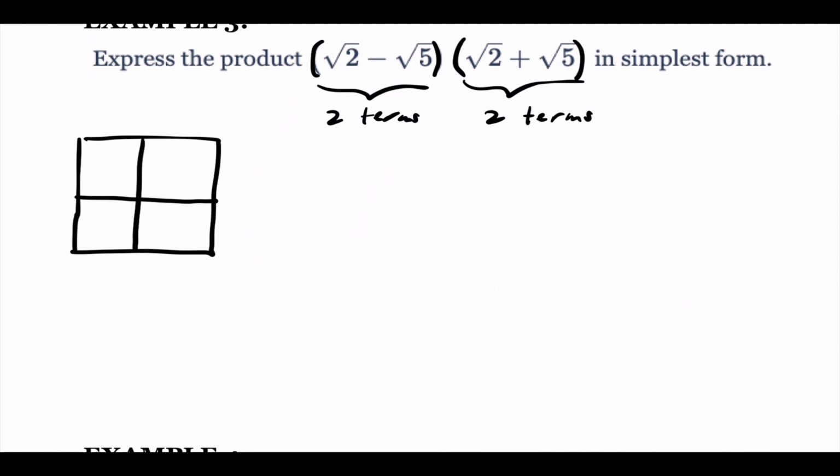Again, one of the two terms is going to go on top, one of them is going to go on the left. Doesn't matter which one. So I'll put the first one on top: the square root of 2 minus the square root of 5, and the negative square root of 5. And the other one's almost identical, it's just got a plus in front of the square root of 5.